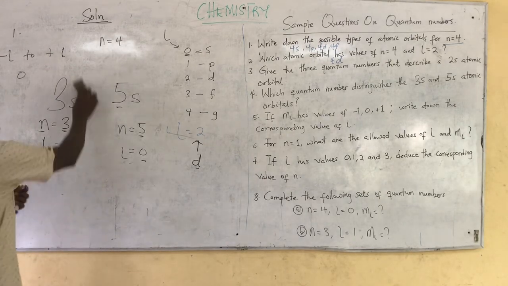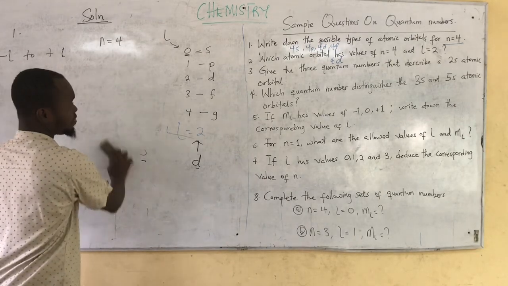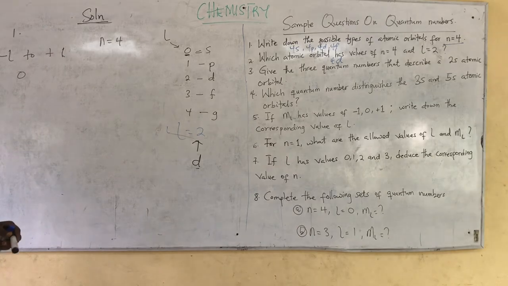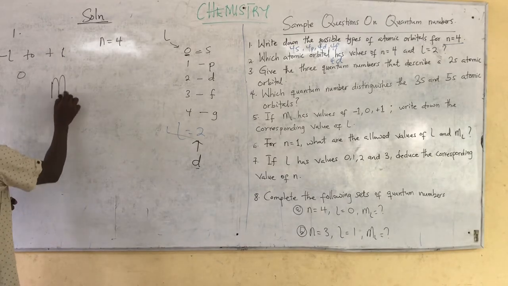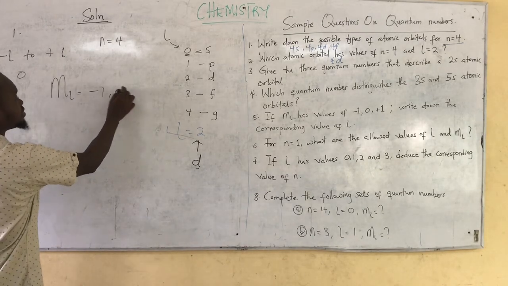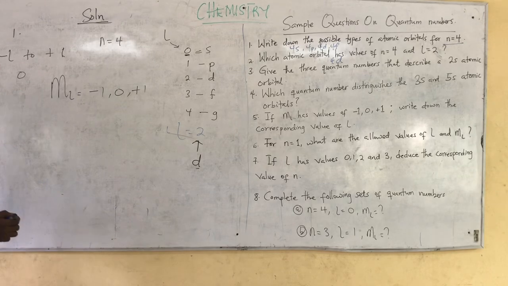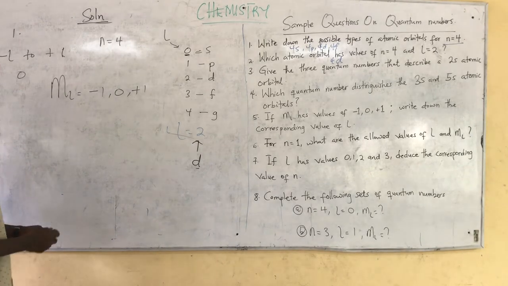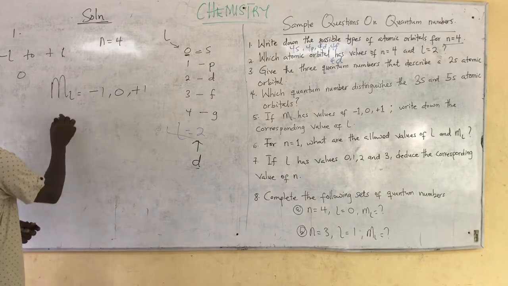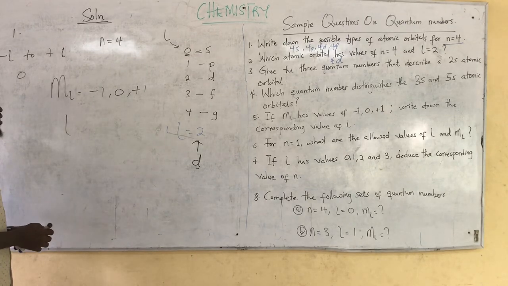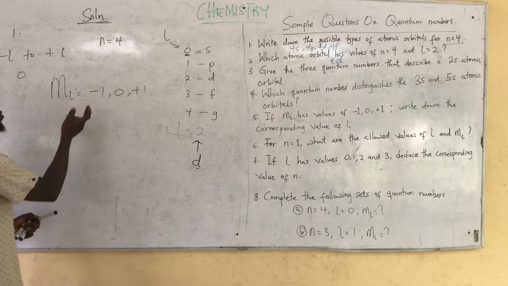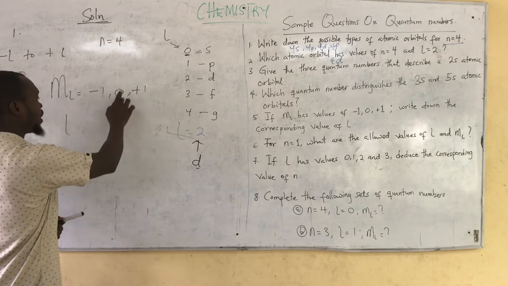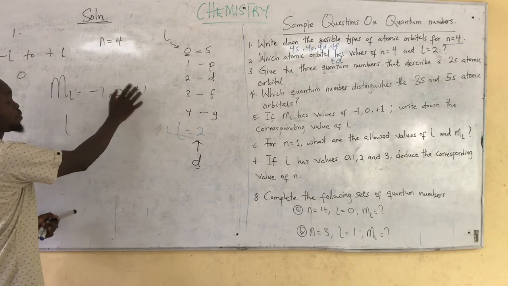That is question 5. In question 5, it says if ML has values of -1, 0, and then +1, we have to deduce the corresponding L value. Very simple. You can pause the video and tell the answer as well. So don't forget that ML depends on L. Is that okay? And which L value corresponds to ML values of -1, 0, and then +1?